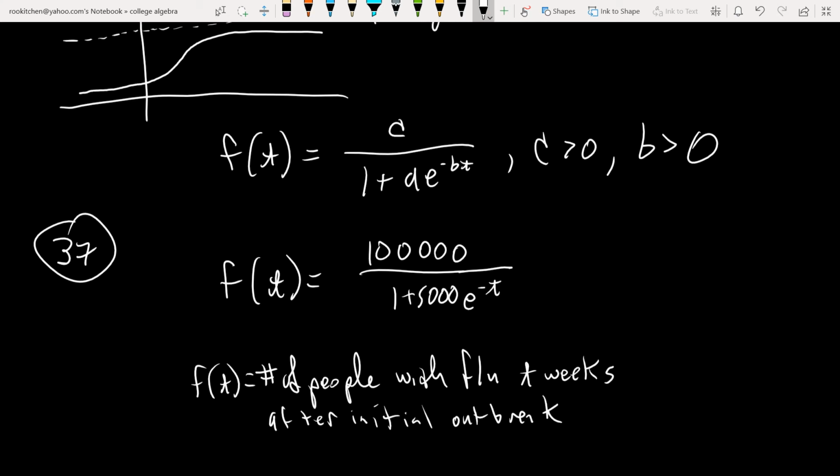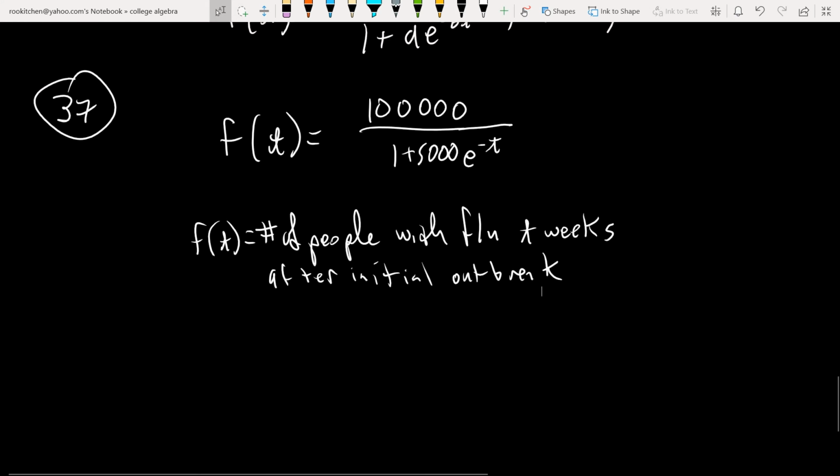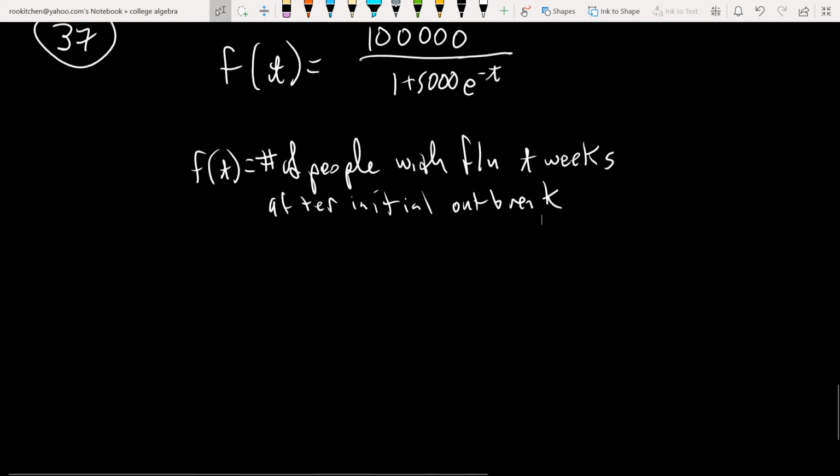Okay. So you can imagine in a town of 100,000 people, there's no way for over 100,000 people to have the flu. Okay, so there is a limiting size involved if you're dealing with a population in a town, right?